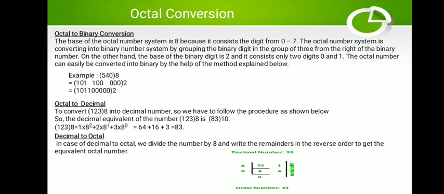Now if we want to convert a given binary number into an octal, how will you convert? Suppose we take the same number as shown in the slide. Again we will start reading the given binary number from the least significant bit to the most significant bit.